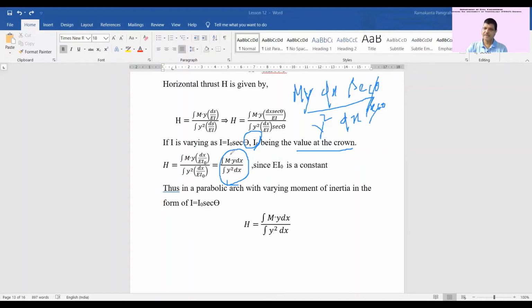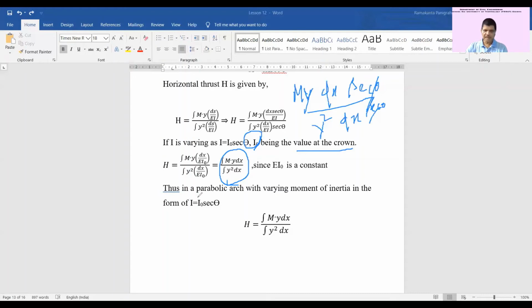You can find the value of M in terms of x and y in terms of x. So everything now will come in terms of x, and you have to integrate the denominator and numerator separately and find the value of h. Once you find these two values, which are just numbers, h can be obtained.